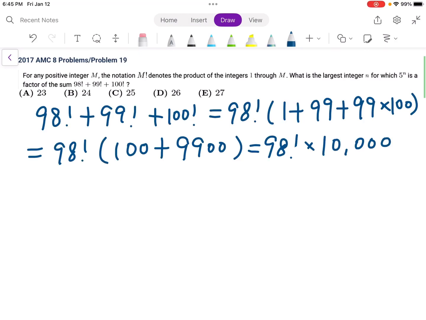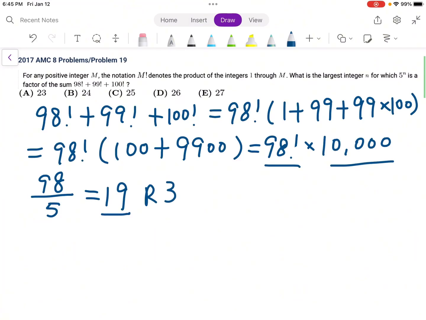Now let's look at these two individually. From 1 to 98, let's first consider how many numbers have a factor of 5. So we use 98 divide 5. We get 19 with the remainder 3. That means there are 19 numbers that has 5 as a factor.